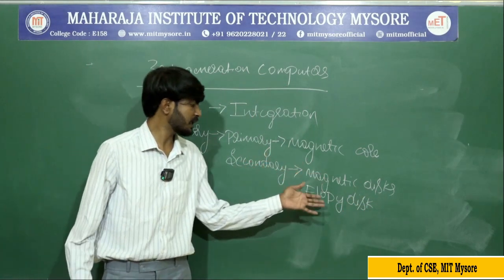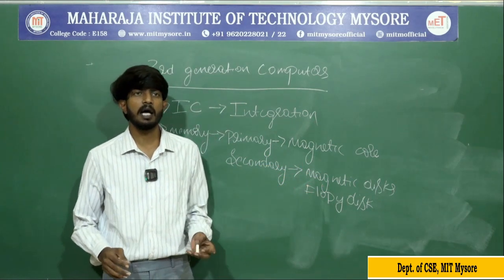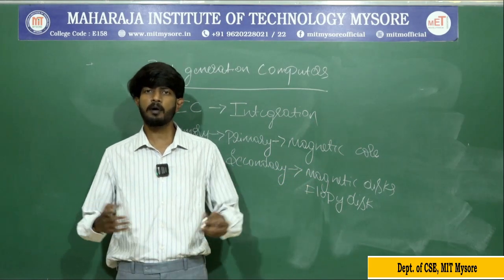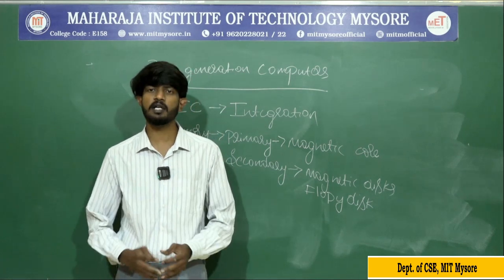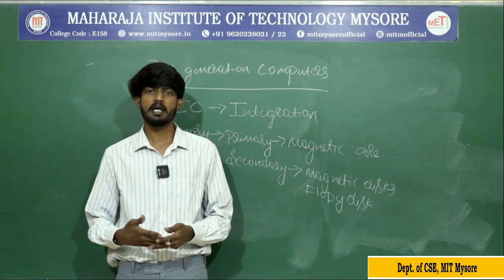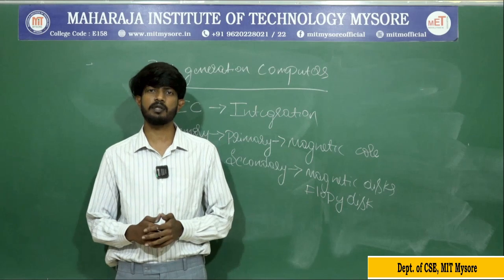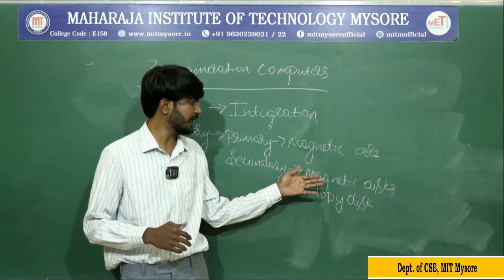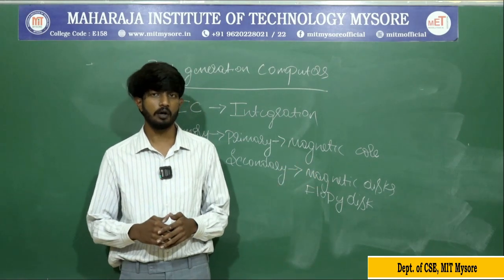This magnetic disk and floppy disk can incorporate more data, so the storage of the data is going to be high, or the maximum capacity of data can be stored in the magnetic disks and floppy disk. Okay.